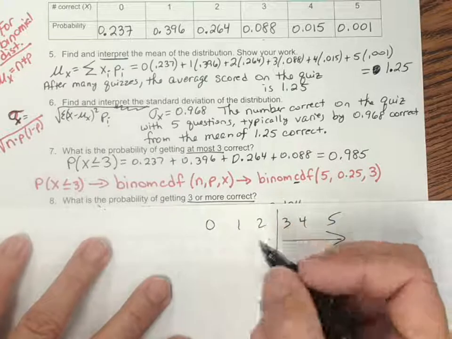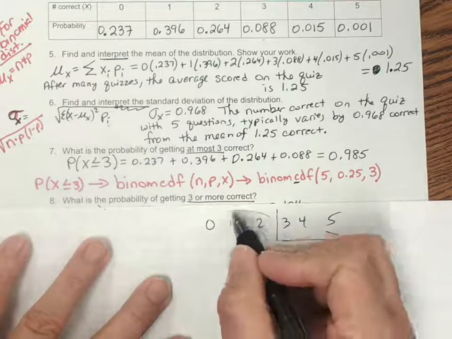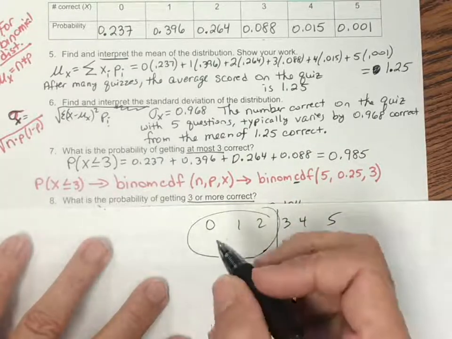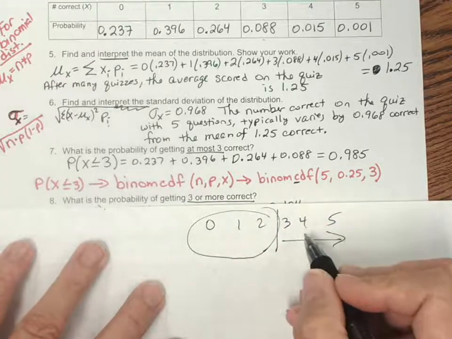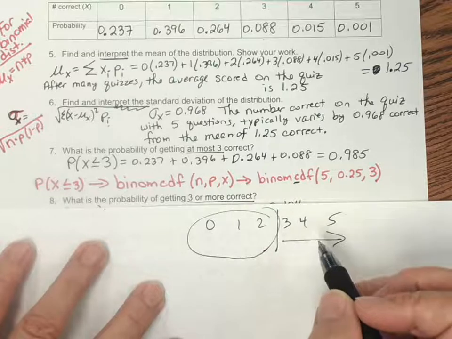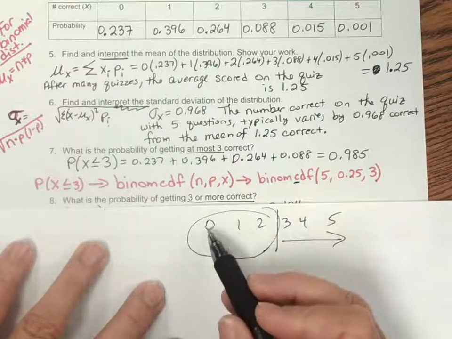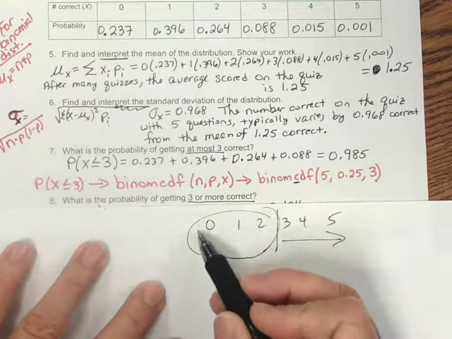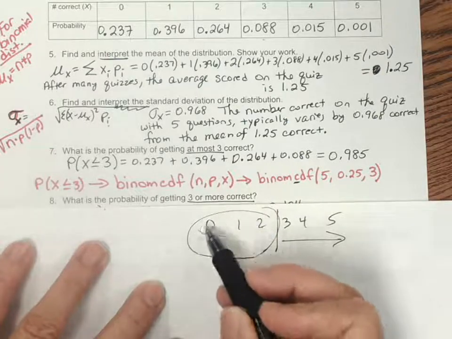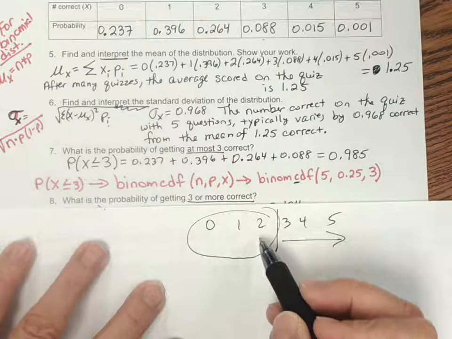Or I could say, well, if I add these guys together and subtract the sum of these from 1, I would have these, because all of these together have to add up to 1. And even though it would be just as much work to add these 3 together as adding these 3, the calculator using Binomial Cdf will give me this value.